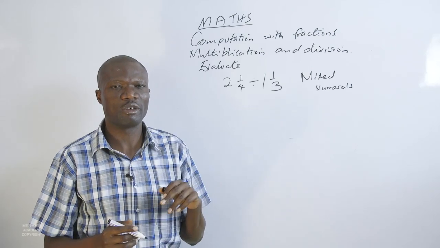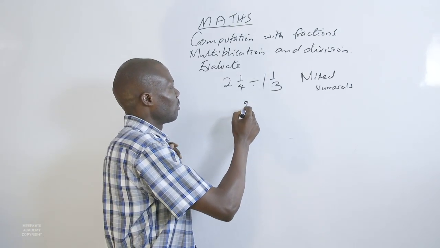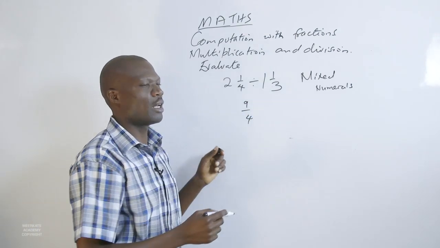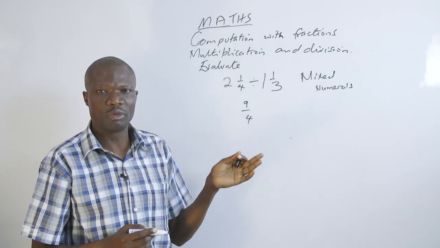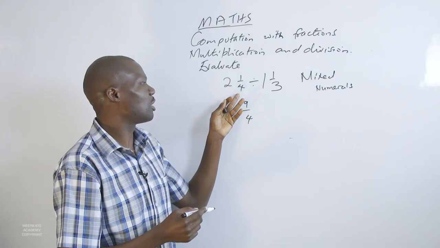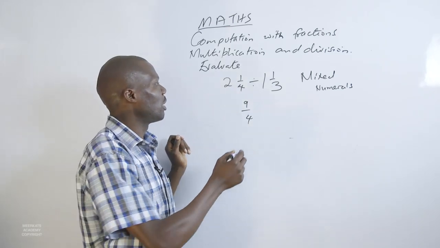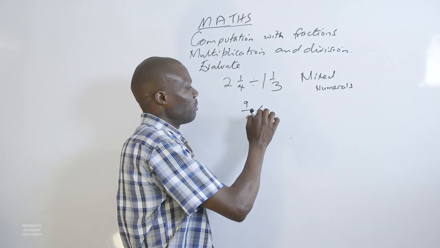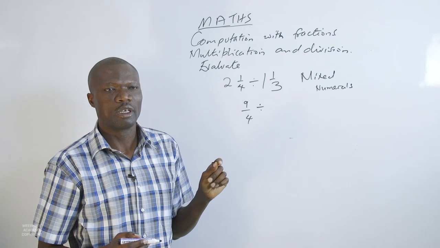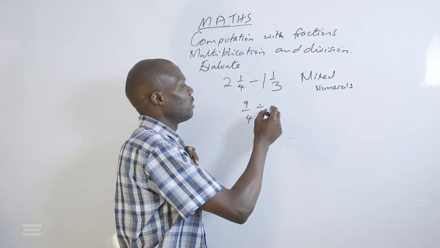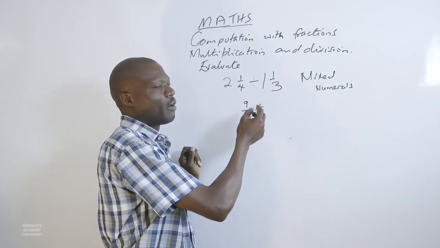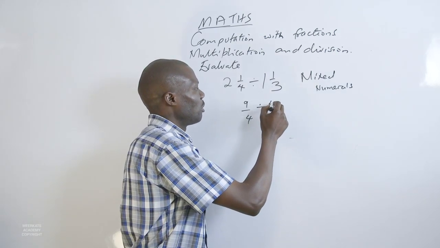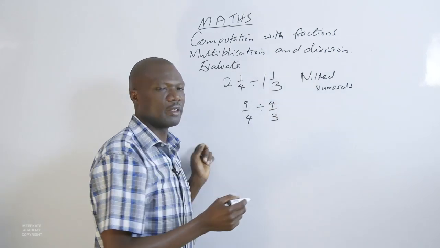So the first one will give us 9 over 4. By now you should know how to convert. That is 4 times 2 plus 1. Divide by, this one will give us 3 plus 1, which is 4 over 3.